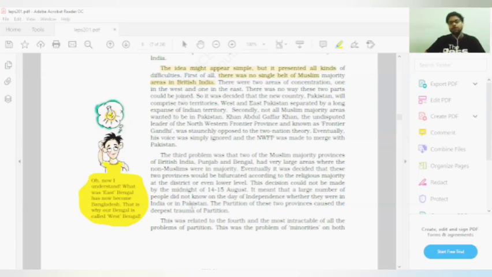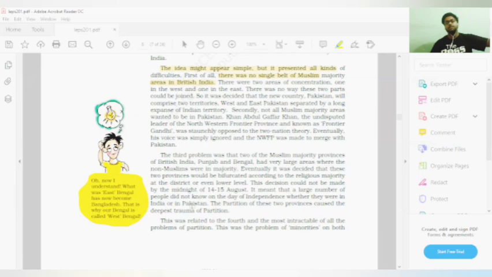Places like Bengal, places like Punjab, these were the places where the minority was in majority. So those states which had a minority, according to that upcoming nation, were to be sent to the nation according to their majority. So suppose East Punjab had Sikhs or Hindus in majority, whereas West Punjab had Muslims in large numbers.